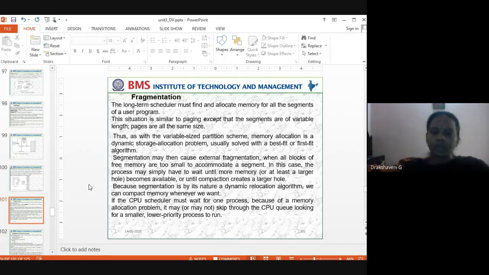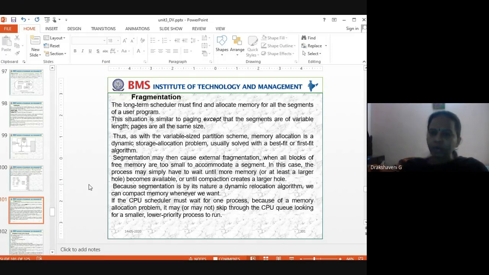We have seen two things in fragmentation, external fragmentation and internal fragmentation. External fragmentation means I have free memory, but one small free block is here, another is there, another is here. They are not contiguous, so I cannot store the data. That was the problem with external fragmentation.